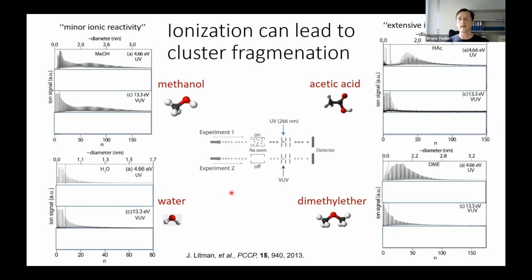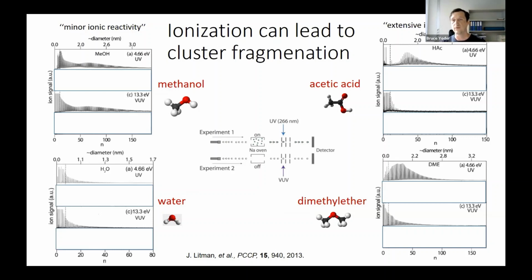Good. Let's consider a mass spectrometry solution to determining cluster size distributions of neutral molecular aggregates. Clusters of different substances are formed in vacuum by pulsed free jet expansion, as we just saw before.